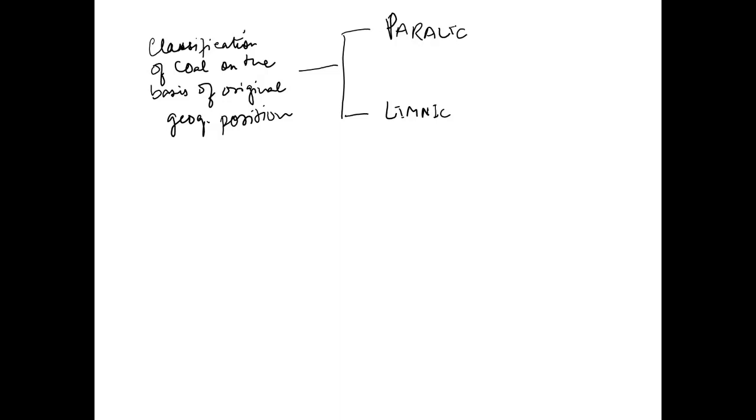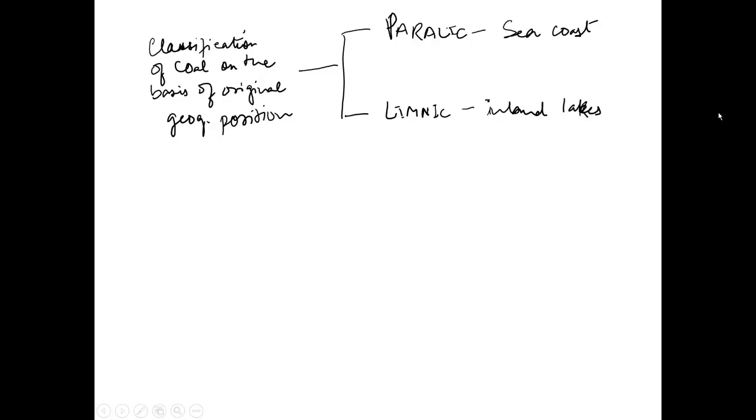Paralic coal is the coal which is deposited at the sea coast, in the swamps of the sea coast, while limnic coals are the inland lake swamps, associated with the inland lakes.